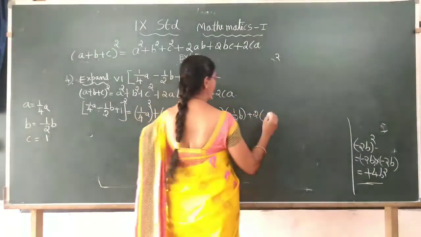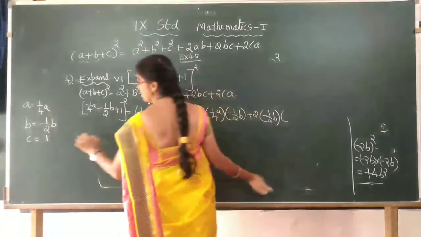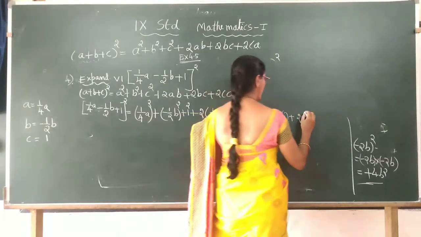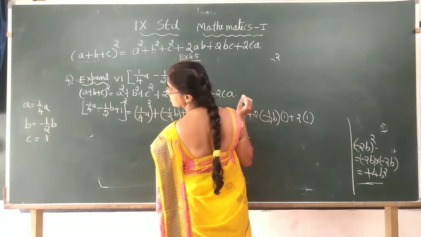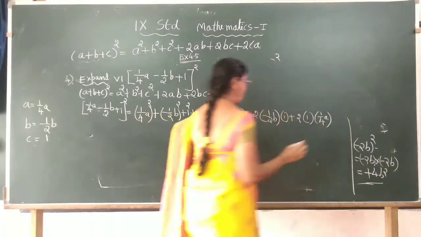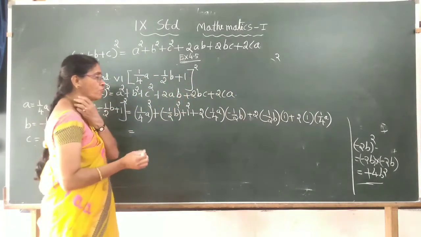It is minus half B, into C, and C is 1. Plus 2CA: C is 1, into A, which is 1/4A.